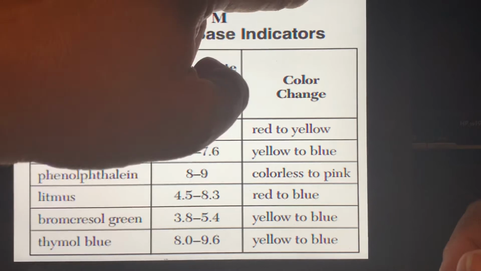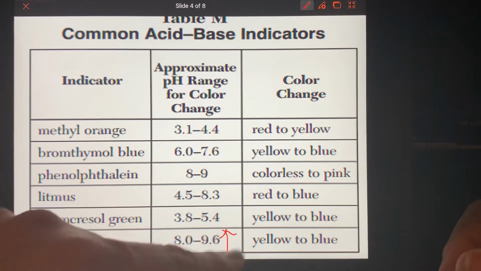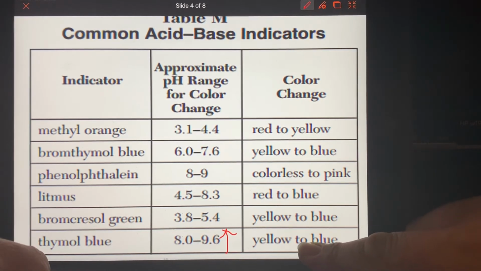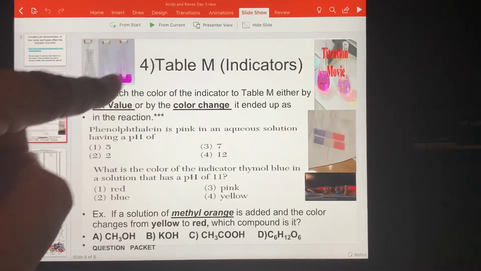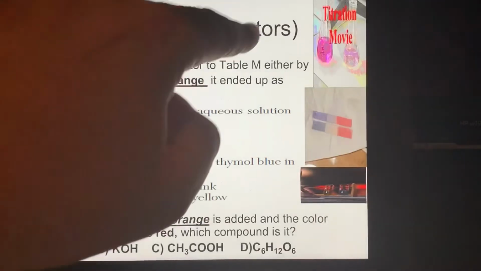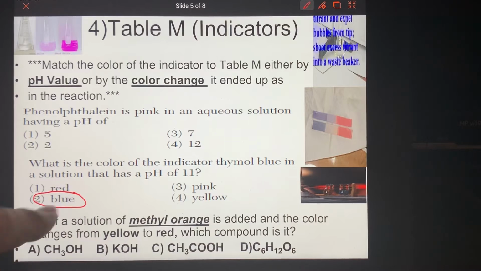It's going to be above 9.6. Isn't 11 above 9.6? Yes, it is. That will make it blue. So our answer will be blue. So let's go back here. That'll be blue.